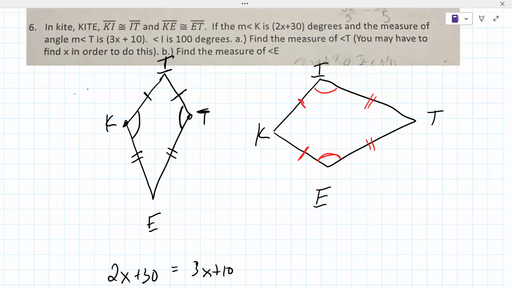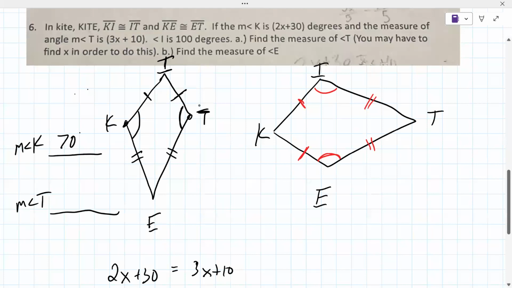Good. So now what does that mean for the measure of angle K and angle T? Angle K would be 70 and angle T would also be 70 because they're congruent.